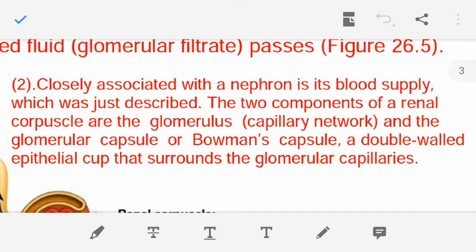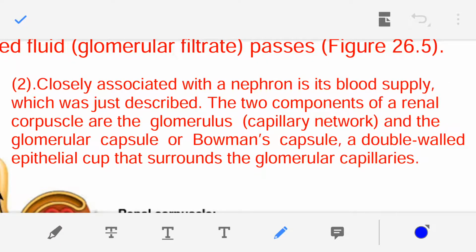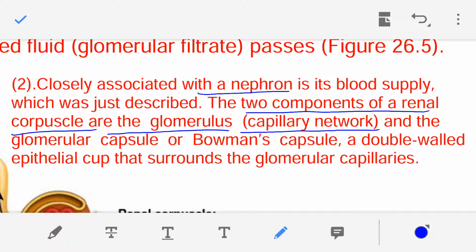Now, in our previous lecture, we had discussed the blood supply of the nephron. The two components of the renal corpuscle are the glomerulus, that is the capillary network that we have seen in the figure, and the glomerular capsule or Bowman capsule.